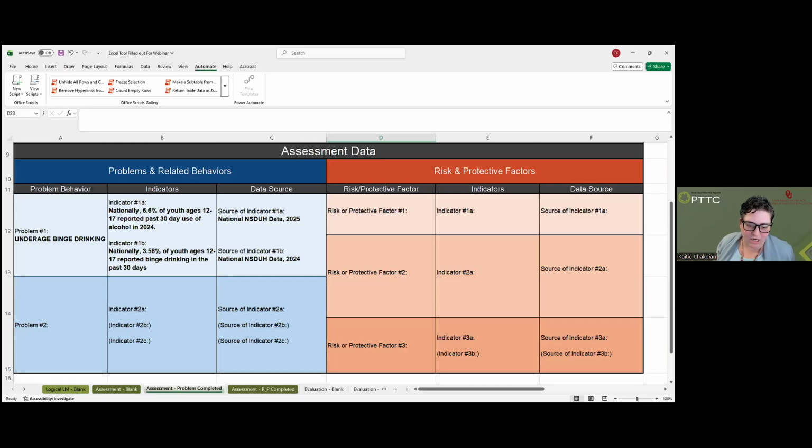It will get easier as we go, I promise. You have my example, right? My example is the underage binge drinking and the data points that I put in there. Does anybody want to share yours? And then we'll move on to the next piece of our logic model.